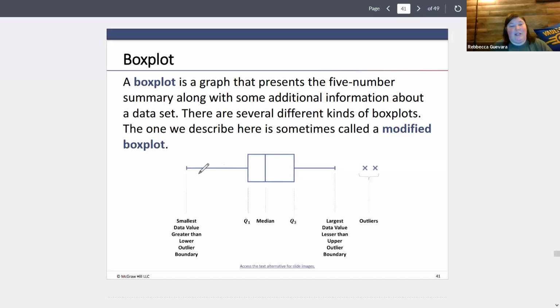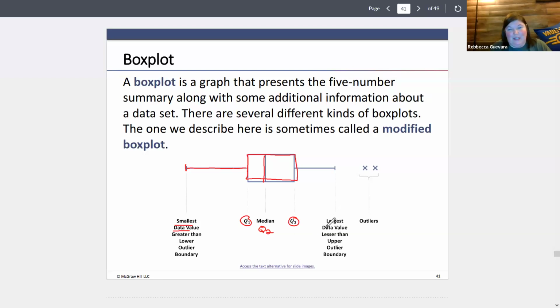What a modified box plot is going to do is make a box that represents your Q1, your Q2 or your median, and your Q3. So it's going to split it like this. Then you're going to make these whiskers, and these whiskers stop at the smallest data value greater than the lower outlier boundary.